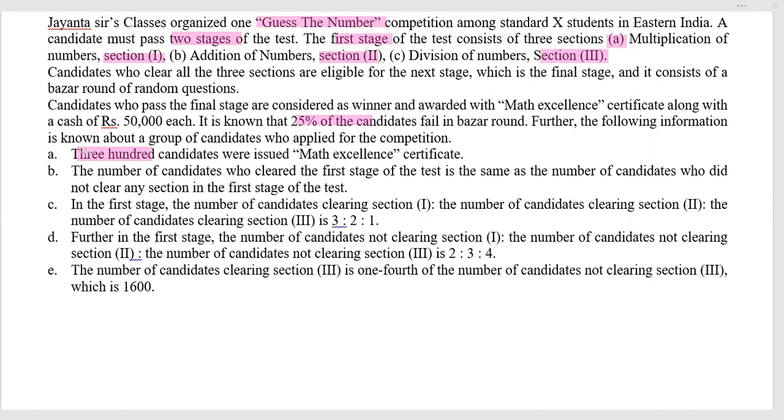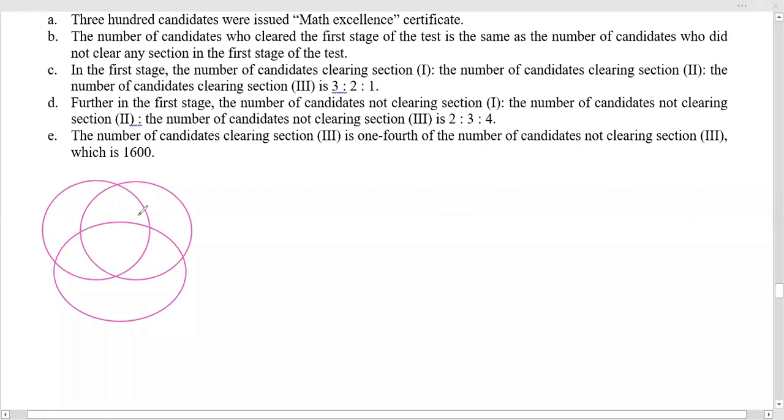Now I'm removing the initial information and increasing the space on my board so that you can understand it better. In this diagram, these are the three sections: section 1 clearing people, section 2 clearing people, section 3 clearing people, and this is the zone of those who have cleared all three.